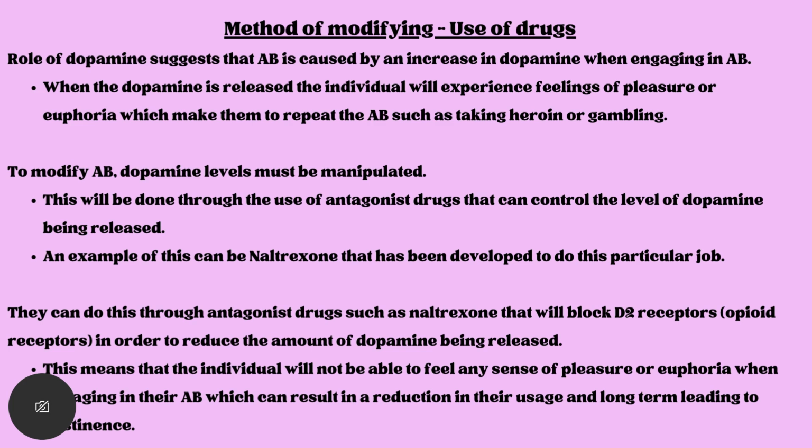So that's the method of modifying, using antagonist drugs. So make sure you don't get mixed up between agonist and antagonist, because they do 2 different things. And an agonist will rapidly dissociate after a period of time, but antagonist drugs do not.